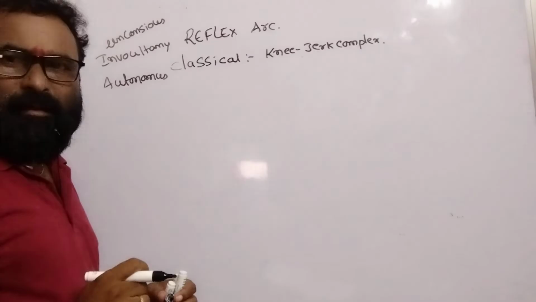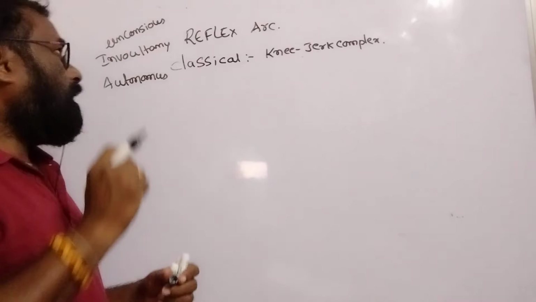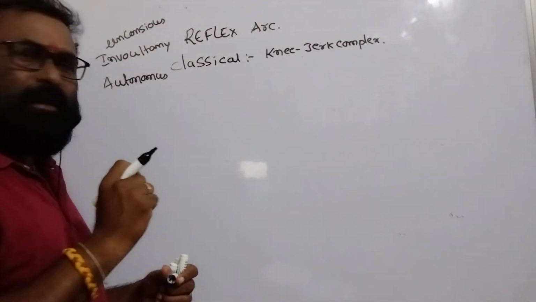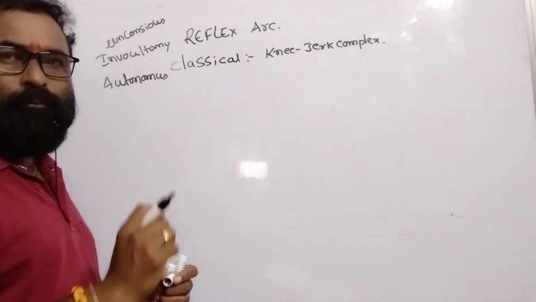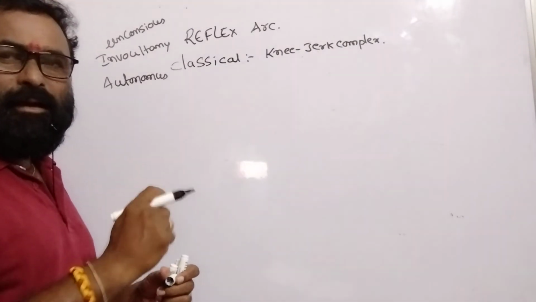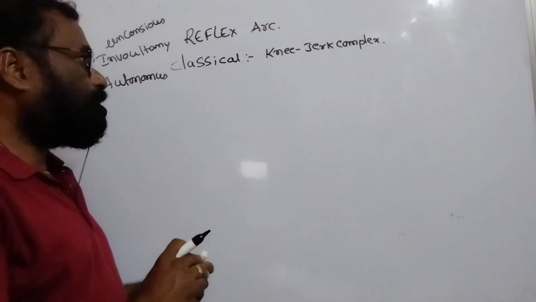Reflex arc is A. Unconscious, B. Involuntary, C. Autonomous, D. All of the above. Answer is all of the above. It is unconscious, it is involuntary action, it is autonomous action.